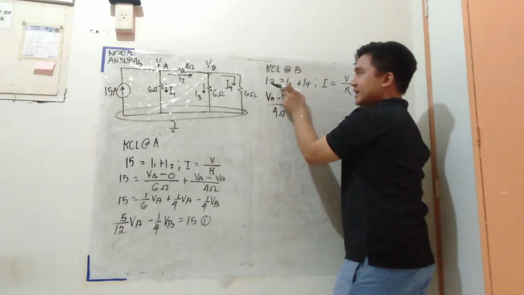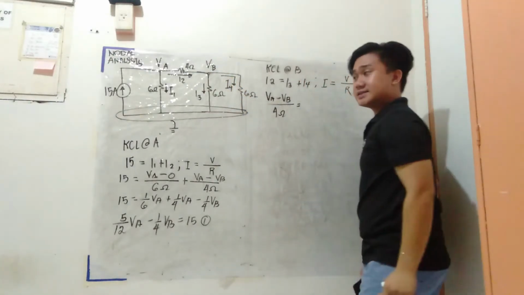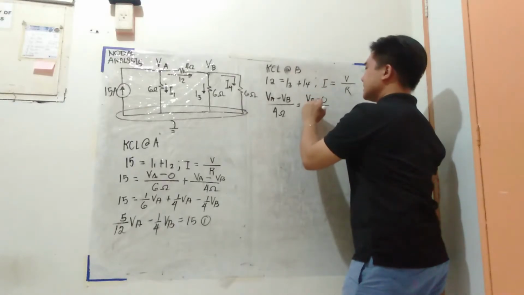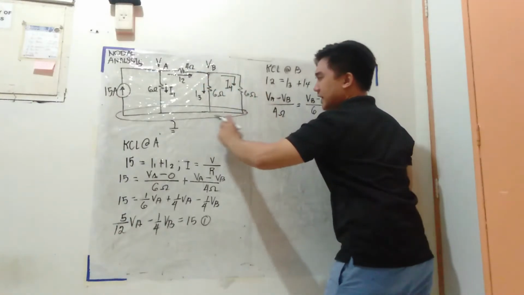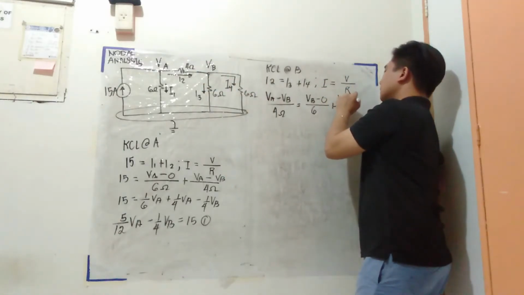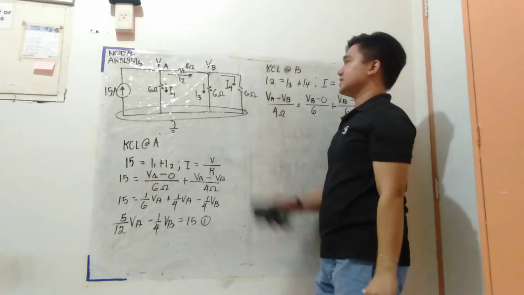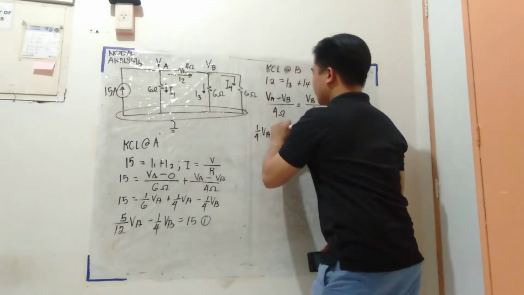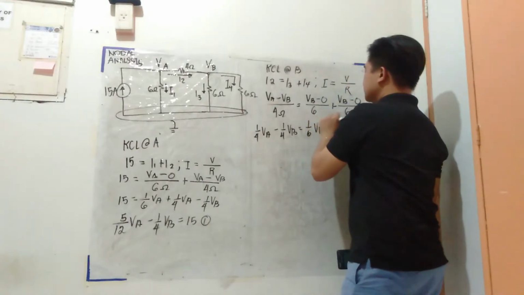And then si I3 is VB minus ground. But ground is 0 volts. So VB minus 0 over 6. Plus I4, that's VB minus ground din, all over the resistance na dinaanan, which is 6 ohms. So I have here 1/4 VA minus 1/4 VB equals 1/6 VB plus 1/6 VB.